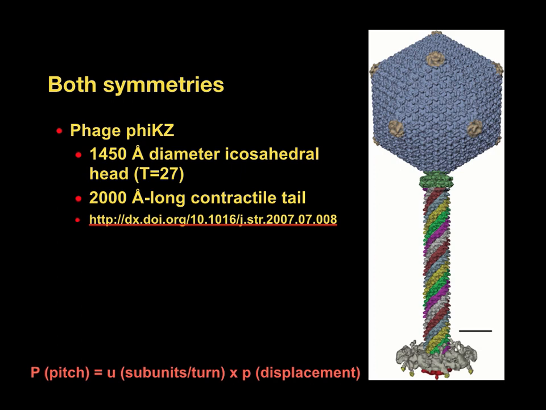As I was telling before, if we follow one line of purple subunits, they come 1, 2, 3, 4, 5, 6 after. So here we'll have a displacement of 6, and if we have 10 subunits per turn, then we will have 60 subunits.